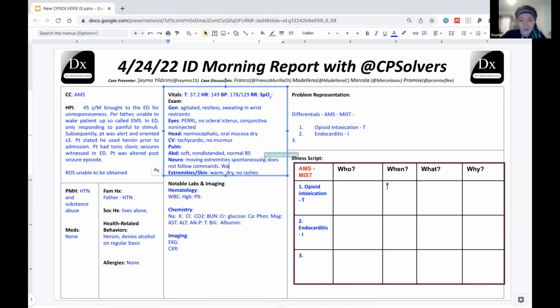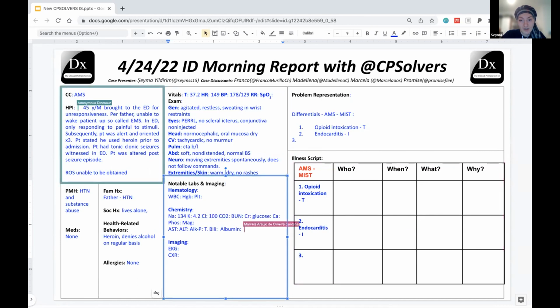And now giving you some chemistry. So I will start with the electrolytes. The sodium is 134, potassium 4.2, chloride 100, carbon dioxide, BUN 25, creatinine 0.77, glucose is 105.